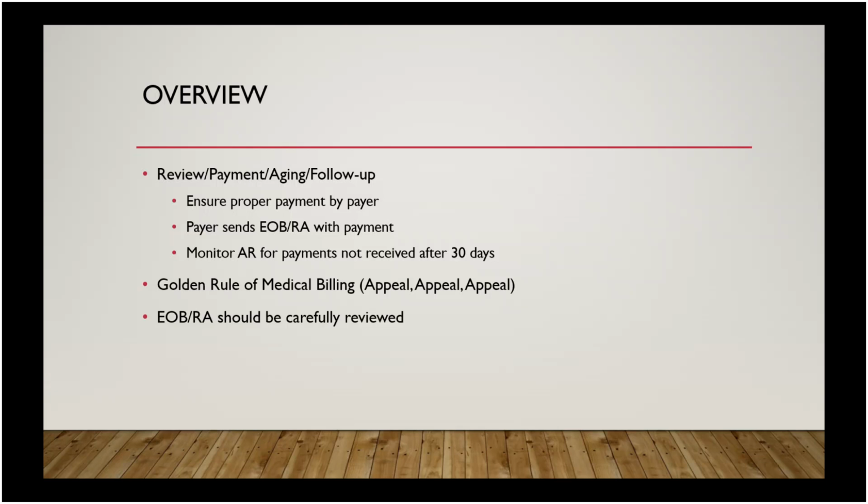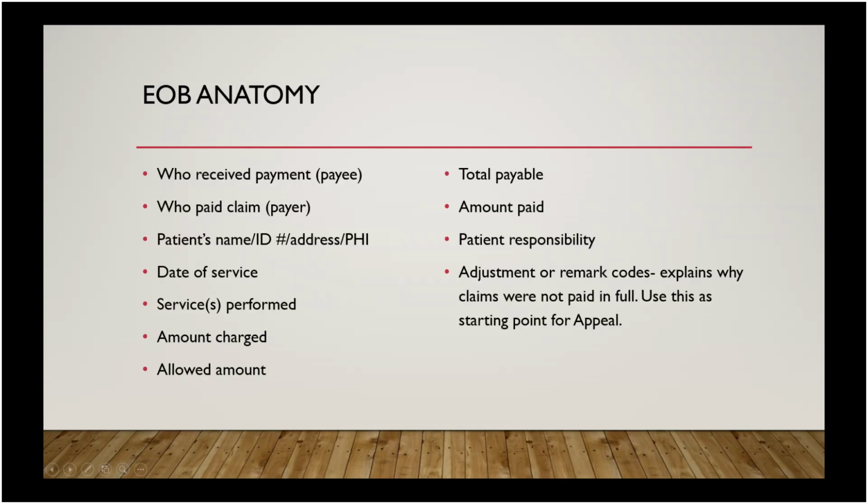The golden rule for medical billing is you want to appeal the money that's due, because that's what's going to keep our doors open. We do need to carefully review those EOBs. So what are you going to look at? We want to know who received the payment. Did the beneficiary or the provider receive it?